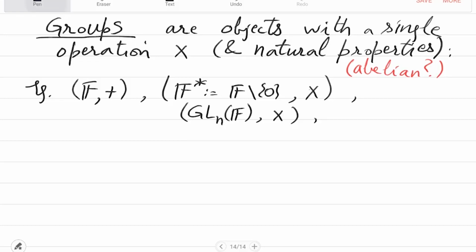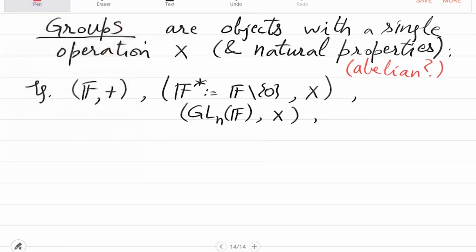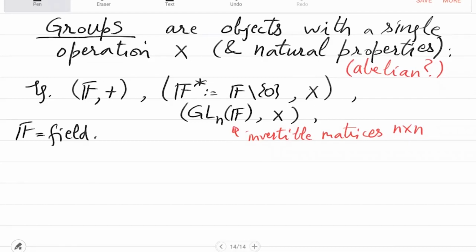General linear means that we are only looking at invertible matrices. So it's a group almost by definition. F is a field.